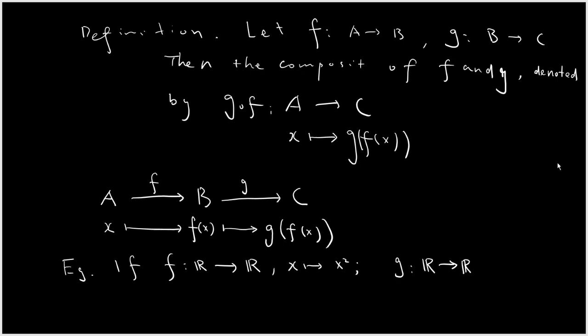Okay. So for every real number x, it's mapped to whatever you want. How about 3 times x, 3x. Okay. Now I will use that to show you the meaning of the composite of F and G.